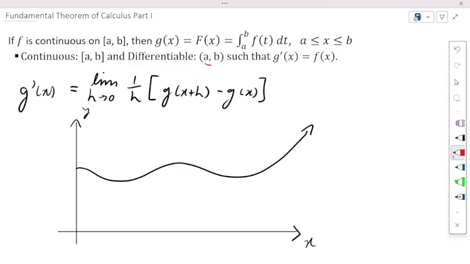So let's call some point on our x-axis a, the first point. And then here, we are going to call this point over here the highest part of our bound, which will be, in this case here, x plus h, which is higher than x, right?